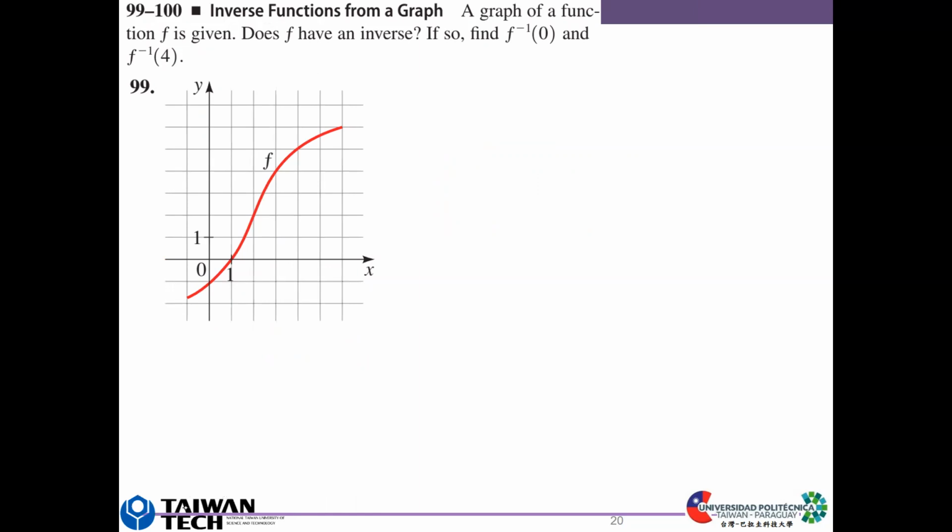The next problem is problem 99. A graph of a function f is given. Does f have an inverse?